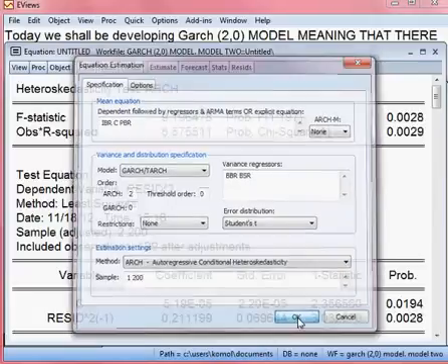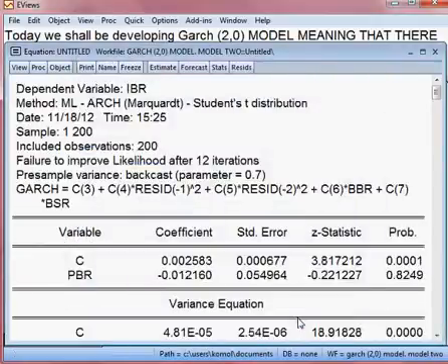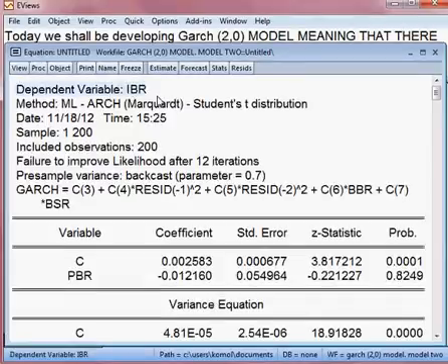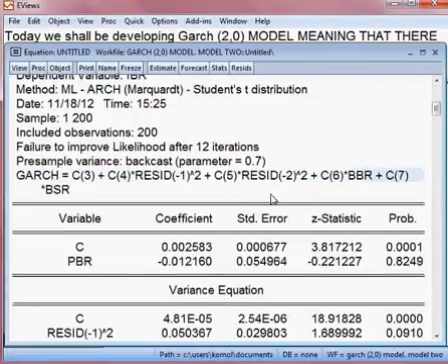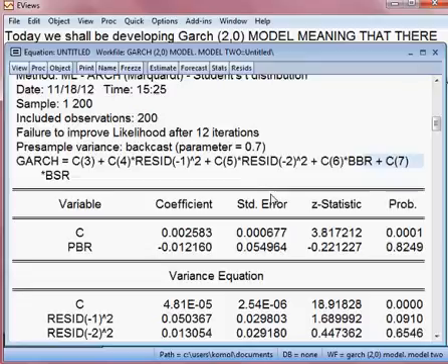Okay, press OK. So the result has come up. The dependent variable is IBR and I have chosen Student's t distribution. And it is the GARCH model. So here it is the mean model.